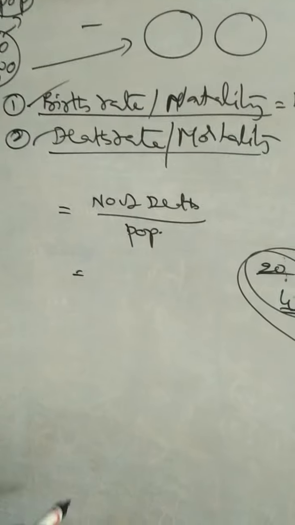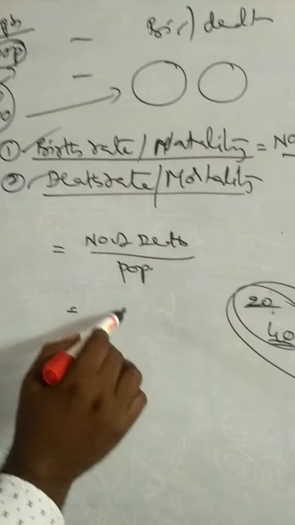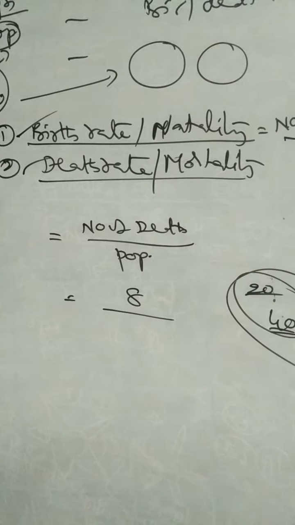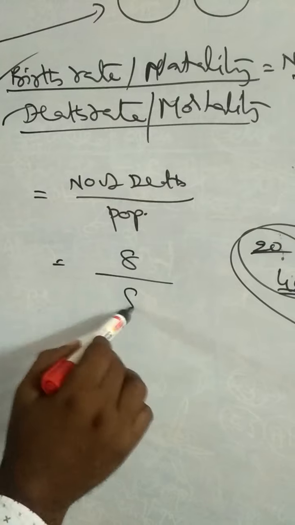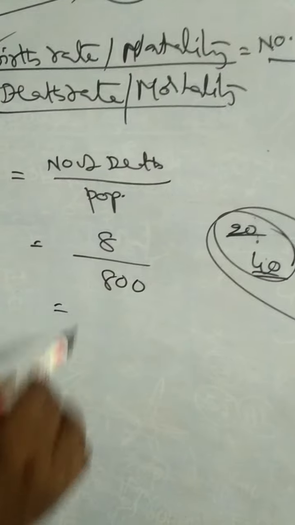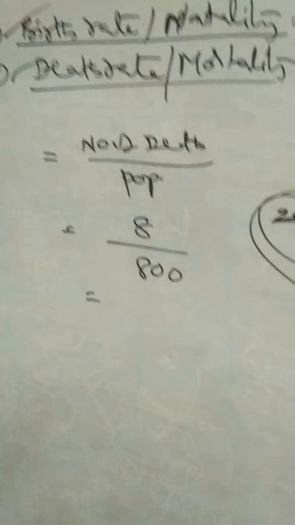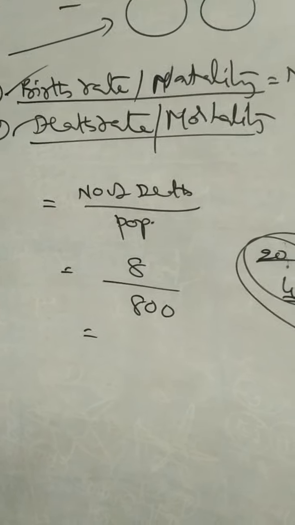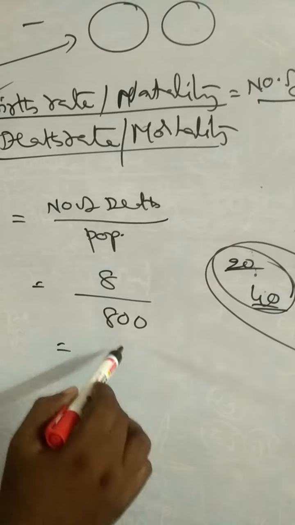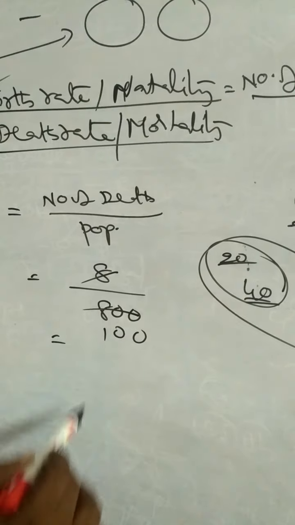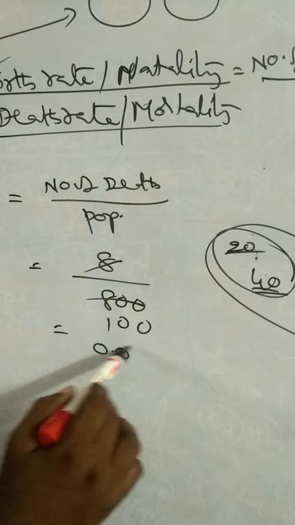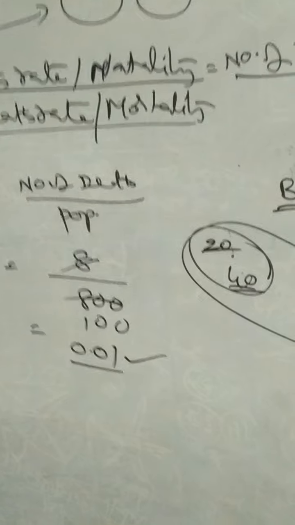In a population, for example, there are 8 deaths. Total population is equal to 800. Calculate the death rate in that population. That is equal to 8 by 800, 1 by 100, that is equal to 0.01. This is death rate.